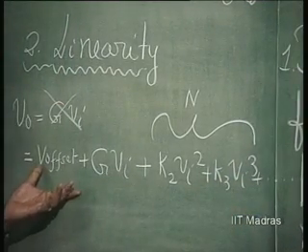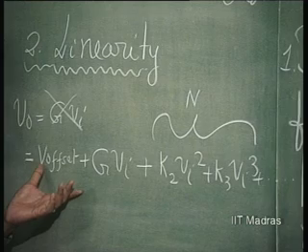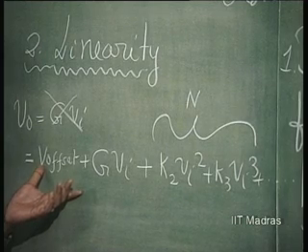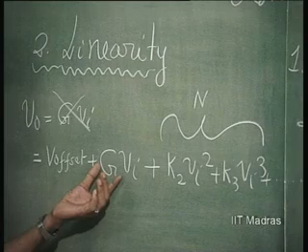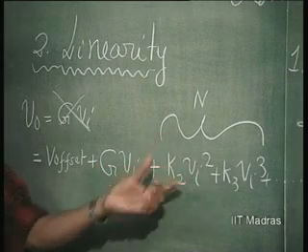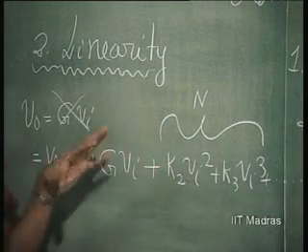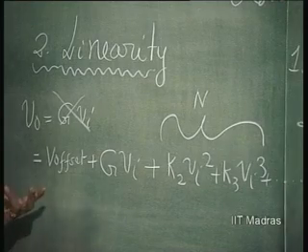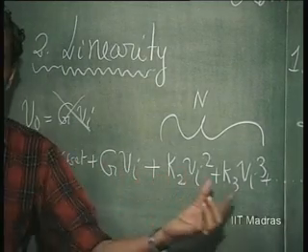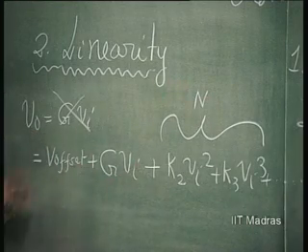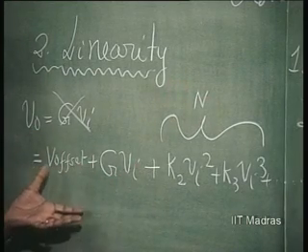Any amplifier is going to work in an active region where this is dominant and nonlinearities, this k 2, k 3, etc. are minimal. The operating point will be so chosen that V offset is 0, k 2 is very nearly 0, k 3 is very nearly 0, for a certain signal level only.